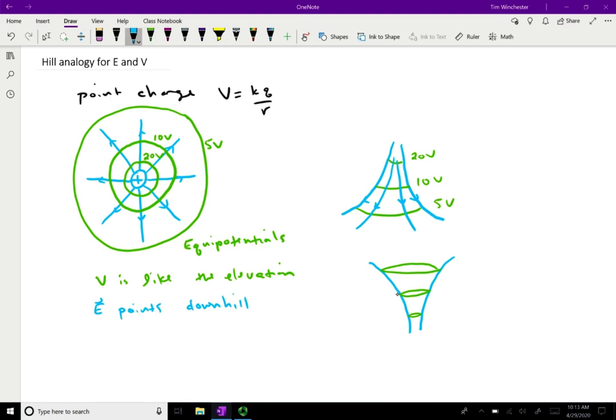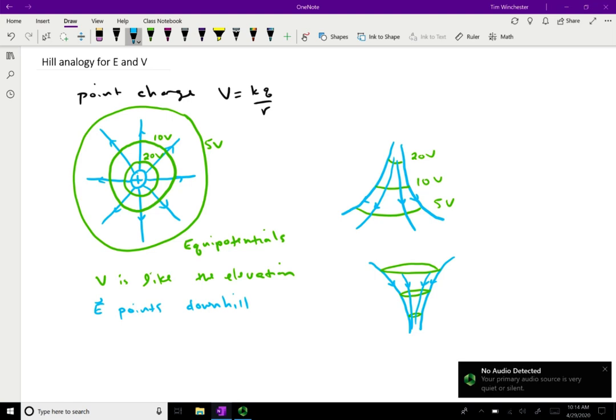So here the electric field is still pointing down into this cone. And we can imagine that this is a well rather than a mountain, if you want to think about it that way. This can be a really nice way for us to visualize what's going on in terms of the potential in some region of space. We can think of it as being related to the electric field in this intuitive way.